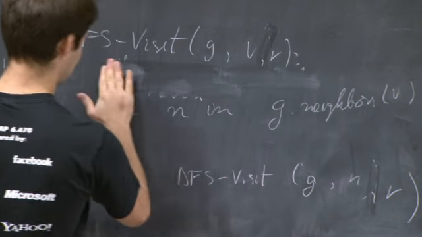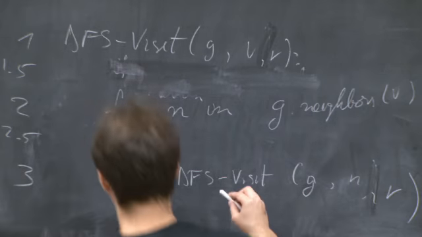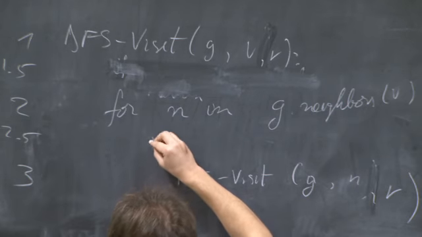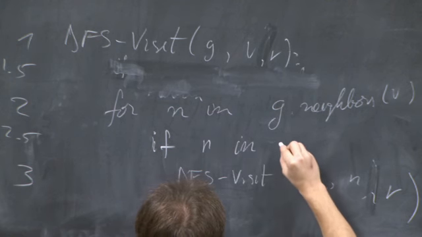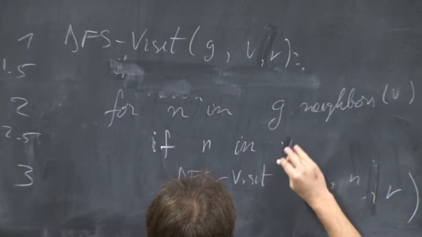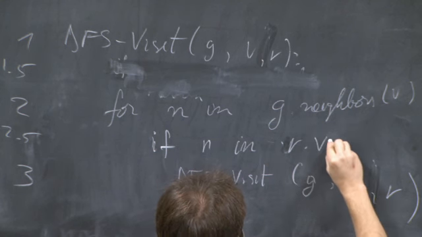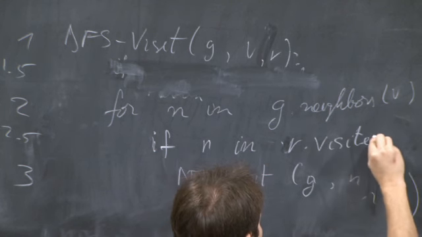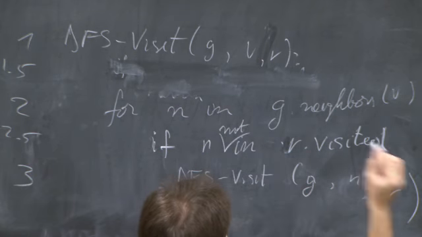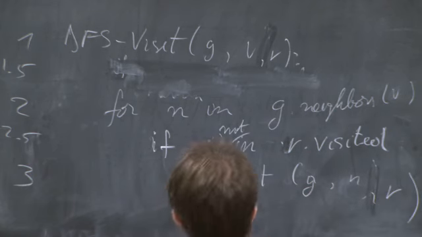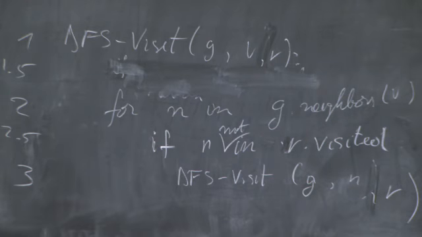If n is not in r dot visited, then set it to true, then insert it and do DFS.